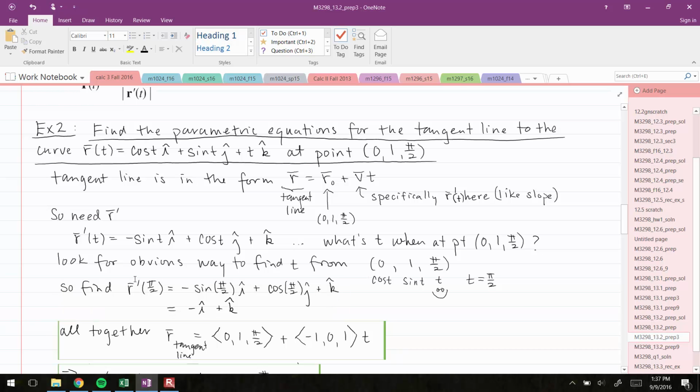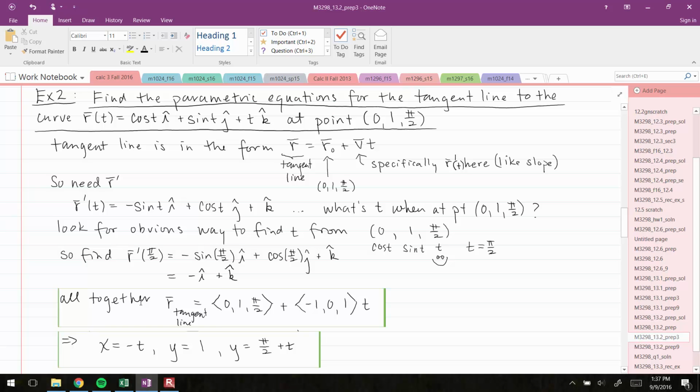And we can go ahead and plug that t into our r prime of t to figure out what that derivative is. We do that and we get negative i plus k. Now, putting it in the general equation of a line, what we have for a tangent line is our r naught, which is the point written as a vector, plus our tangent vector at pi over 2, and we're pretty much done there.